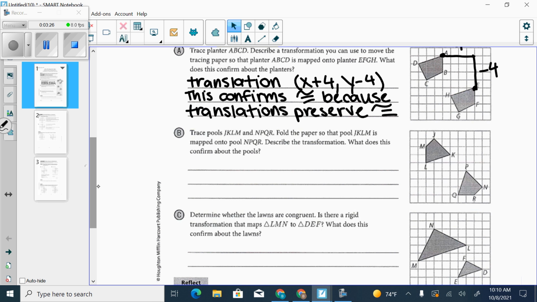Would it be horizontal, vertical, diagonal? Okay. All right, so I would count to see where the middle of these points are, like where I would want them to meet up, right? That would be right in between K and P, right? So my diagonal line must go through that point.